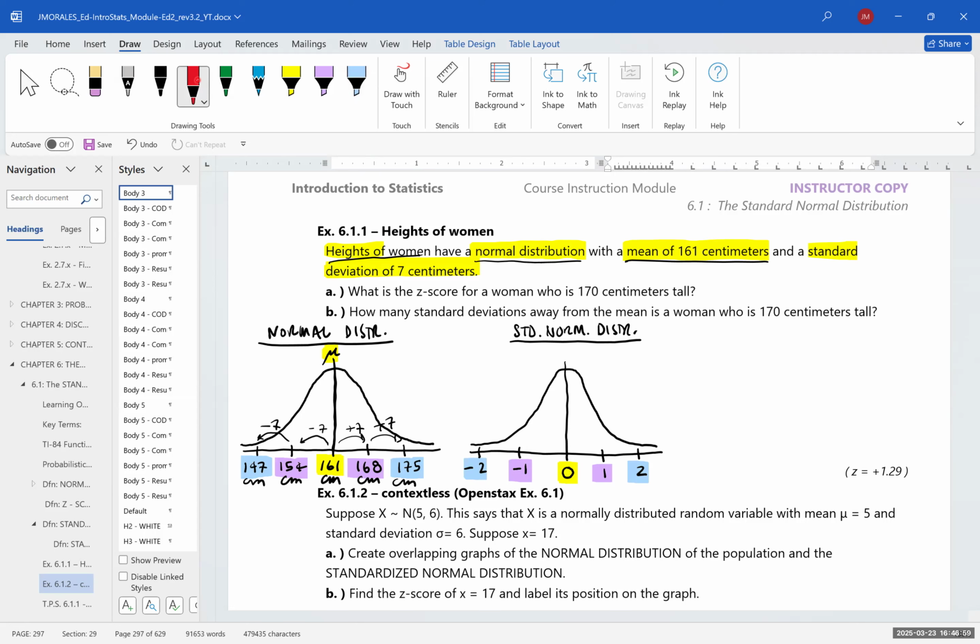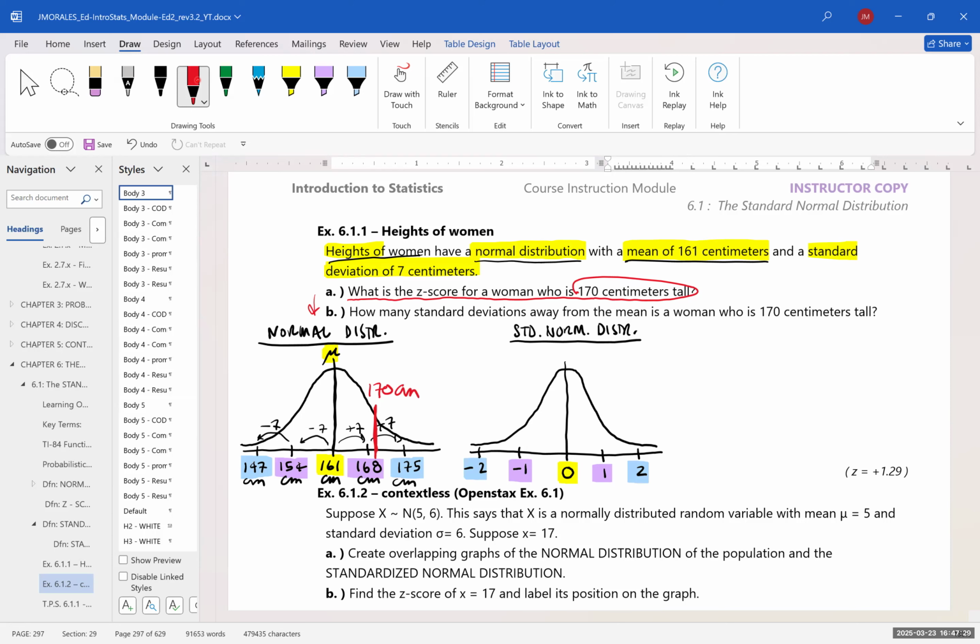Now, we're being asked to find out what is the z-score for a woman who is 170 centimeters tall. So where is 170 centimeters on this normal distribution? Well, 170 is a little bit more than 168, and it's less than 175.